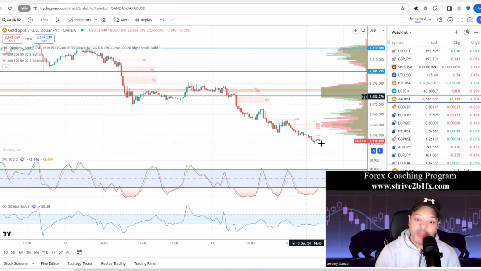The problem with the price down here is that it's too low for traders to want to sell from, and it's too low for traders to want to buy from, because when you trade gold, you don't know if it's going to drop another 100 or 500 pips from here.